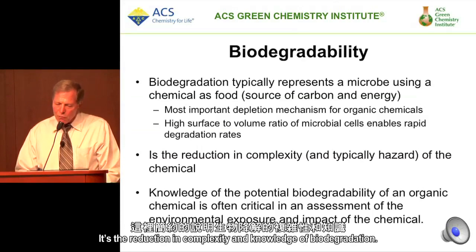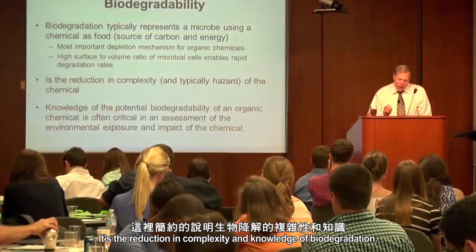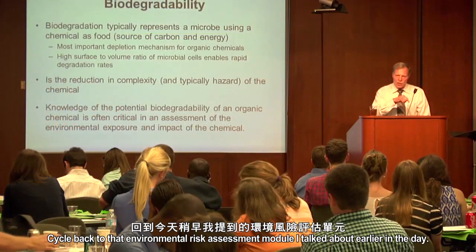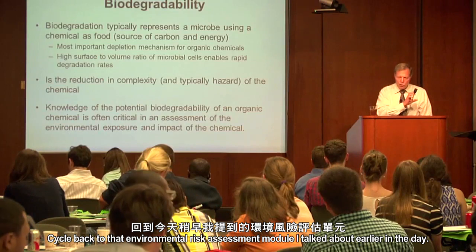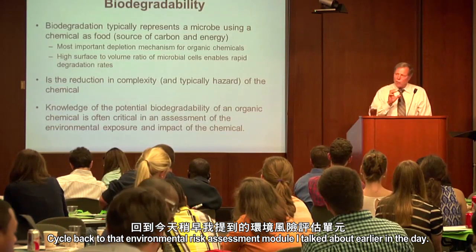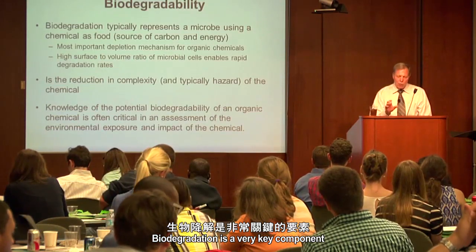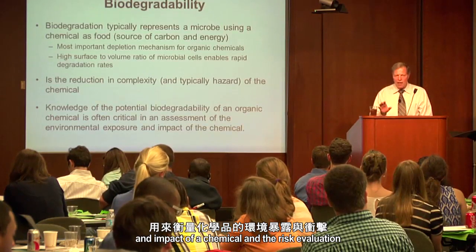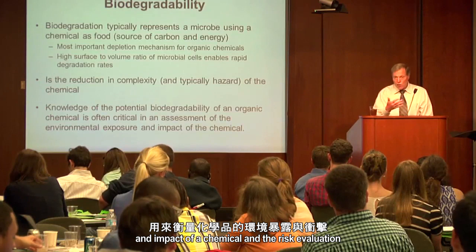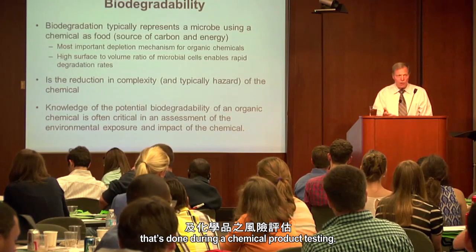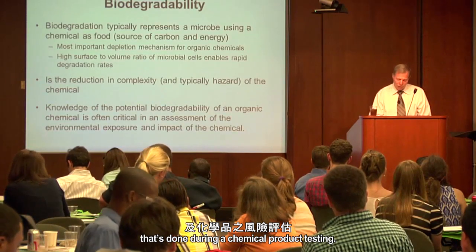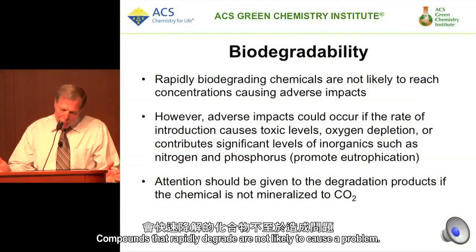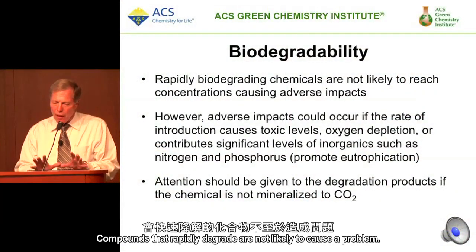It's the reduction in complexity and knowledge of biodegradation. Cycle back to that environmental risk assessment module I talked about earlier in the day. Biodegradation is a very key component of being able to assess the environmental exposure and impact of a chemical, and of the risk evaluation done during chemical product testing, for example. Compounds that rapidly degrade are not likely to cause a problem.